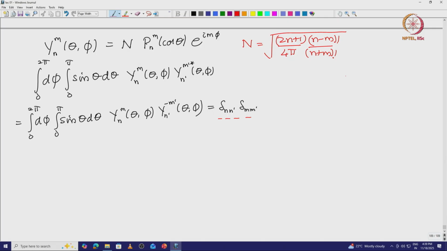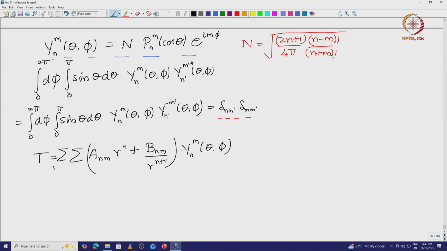When expressed in terms of this, you will get that the temperature field is equal to the sum of (a n m r power n plus b n m by r power n plus 1) times Y n m of theta and phi, with summation n equal to 1 to infinity, m equal to minus n to plus n. That is the final solution for the temperature field for a non-axisymmetric system.